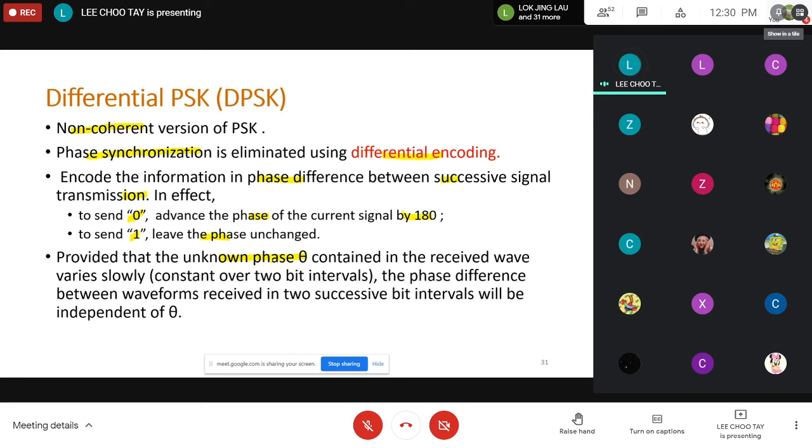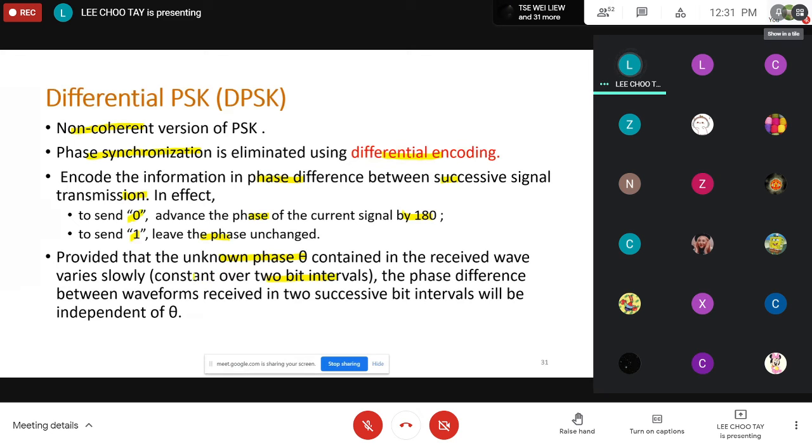This is quite possible because a 2-bit interval is normally a very short time, unless you have a big noise or a sudden rise in noise that changes the phase angle of your signal.